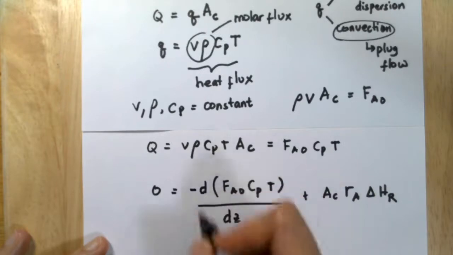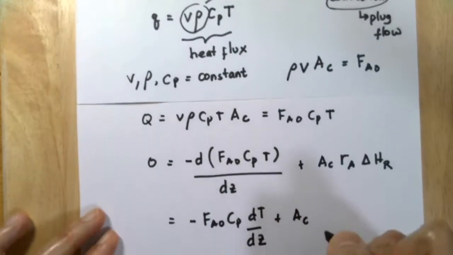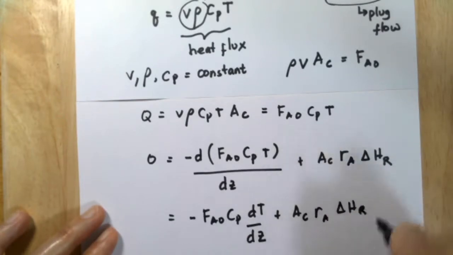I can then evaluate this, which will give me negative FA0 Cp dT/dz plus AC RA delta HR.